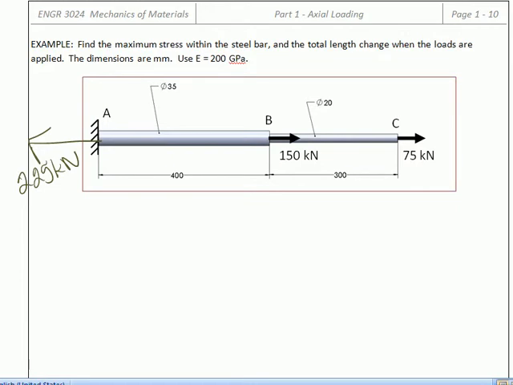So we've established all of our external forces. It's always a good idea to remind ourselves of the base units that we're working in, and to stay consistent with your metric prefixes, giga, kilo, or what have you.